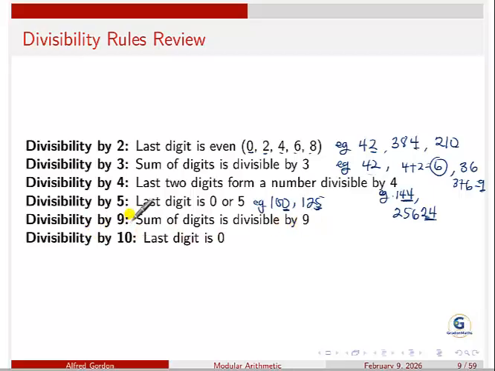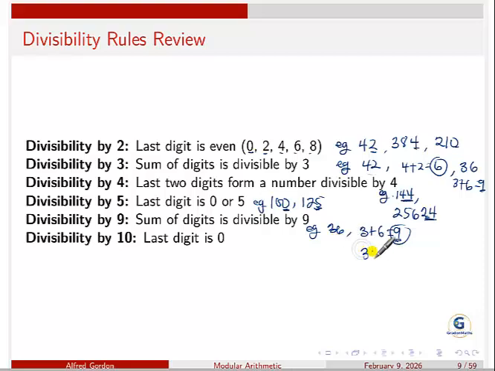Now let's jump to divisibility by 9. If the sum of digits is divisible by 9, then the number is divisible by 9. For example, 36: the sum of the digits is 3 plus 6, giving us 9, and 9 is divisible by 9. Therefore 36 is divisible by 9.